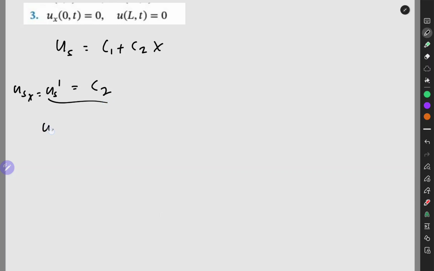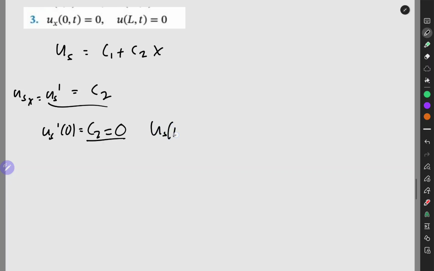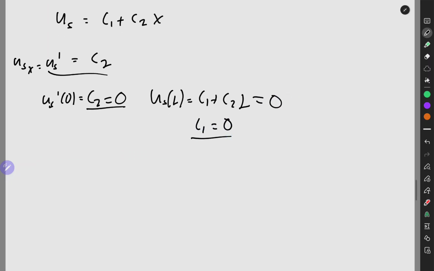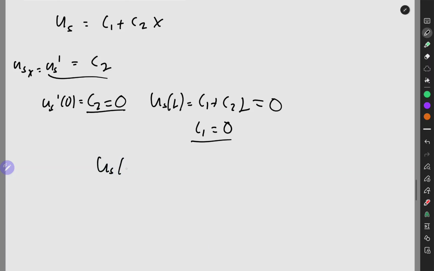So then U of S prime of 0 is equal to C2, which is equal to 0. The other end, C2 is 0, so C1 is equal to 0. So C1 and C2 are 0, so then U of S is 0.